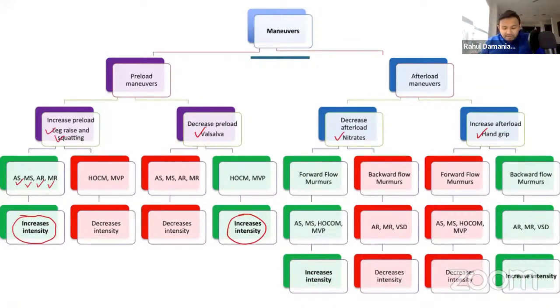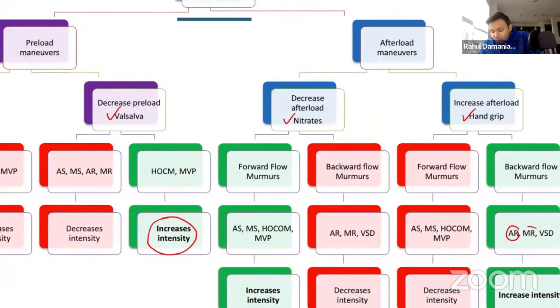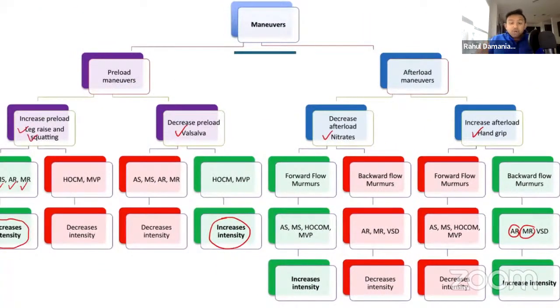So what does this all mean? Well, remember that regurgitant murmurs are going to be backward flow murmurs. So things like aortic regurgitation, mitral regurgitation, those are going to be backward flow murmurs because you're going, for example, in aortic regurgitation from the aorta back into the LV.